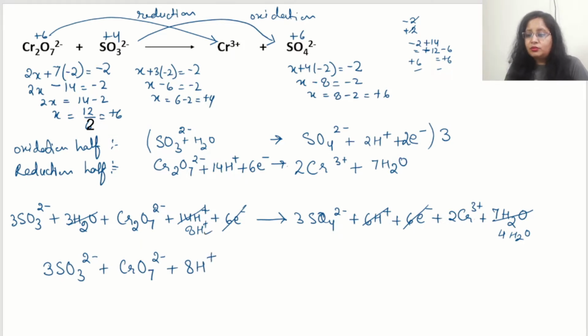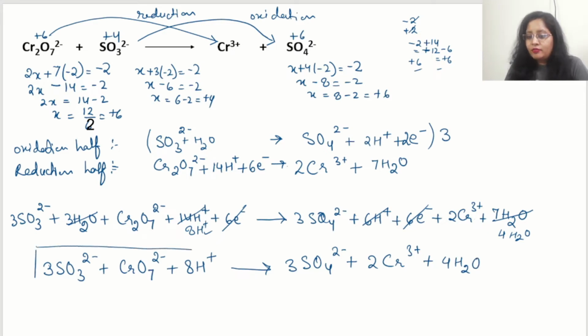So 1, 2, 3 things here. After that we will write the right hand side. 3SO4 2 minus plus 2Cr3 plus, 4H2O. And now this is the final balanced reaction.